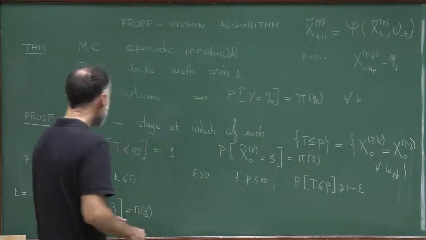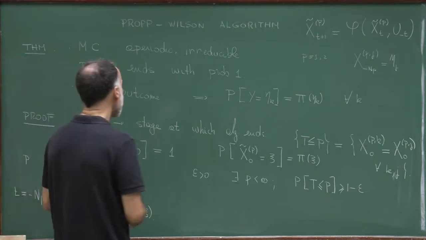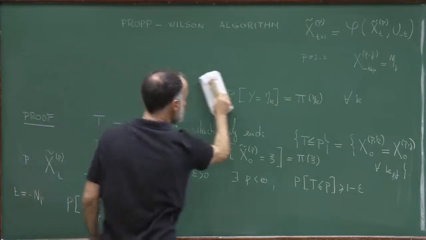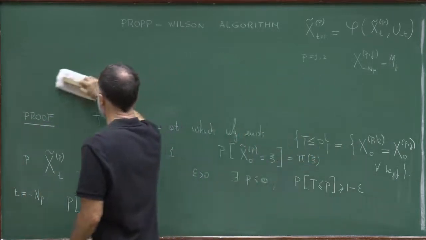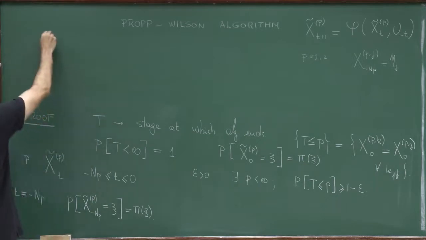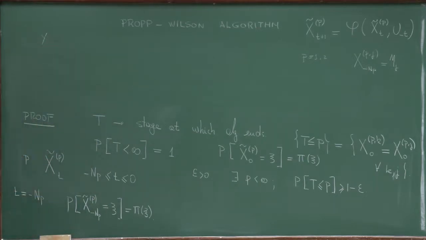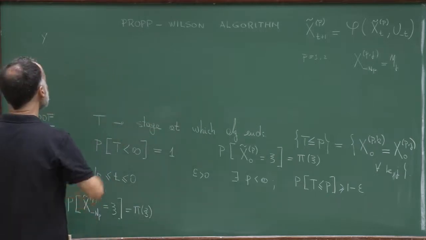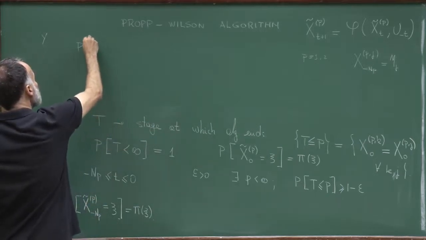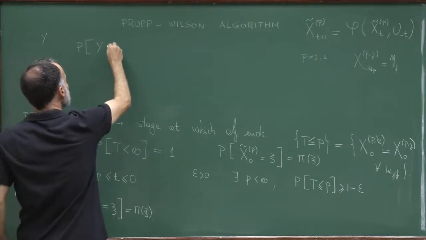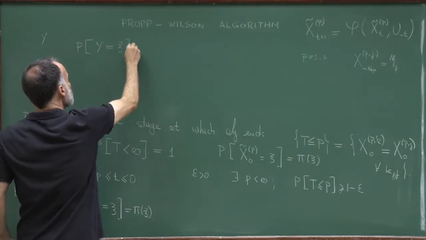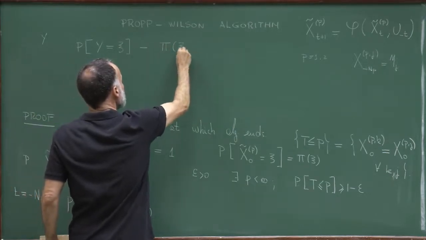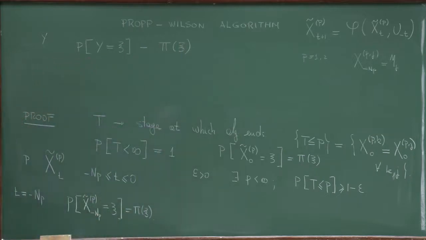Now, I want to estimate the difference. So let's recall that Y is the outcome of the Propp-Wilson algorithm, and I want to estimate the difference between the probability that Y is equal to xi and pi of xi. I want to show that this is small.